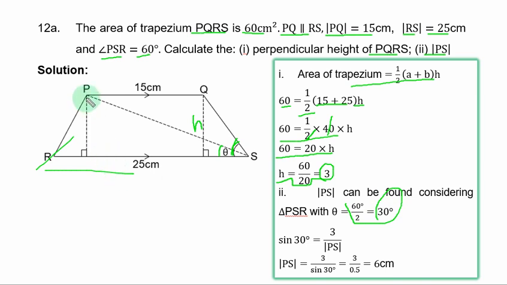This side is the height opposite, that is 3. Then we can take this as hypotenuse. So we have sine 30 degrees equal to 3 over PS. If you make PS the subject, you have this result. That is 3 over 0.5, and that gives 6 cm as side PS.